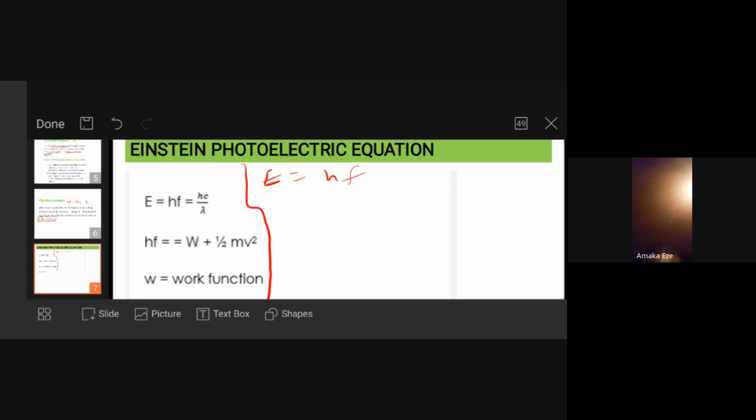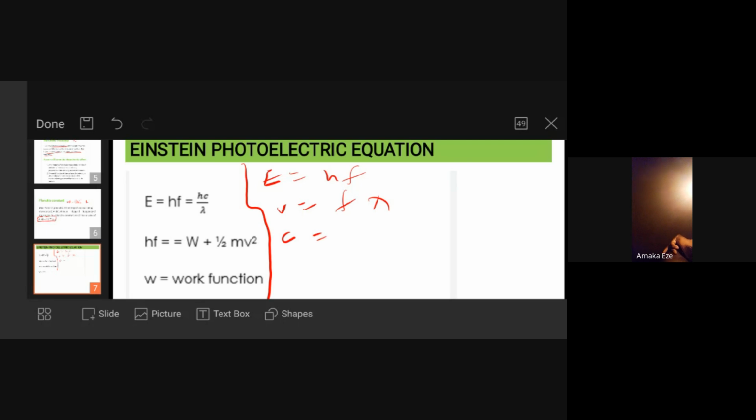All right. But from what you did on waves, which I believe most of you should have encountered, you know the popular wave equation, that v is equal to what? f lambda. And when we start discussing electromagnetic waves, this v can be written as c, where c is the speed of light.